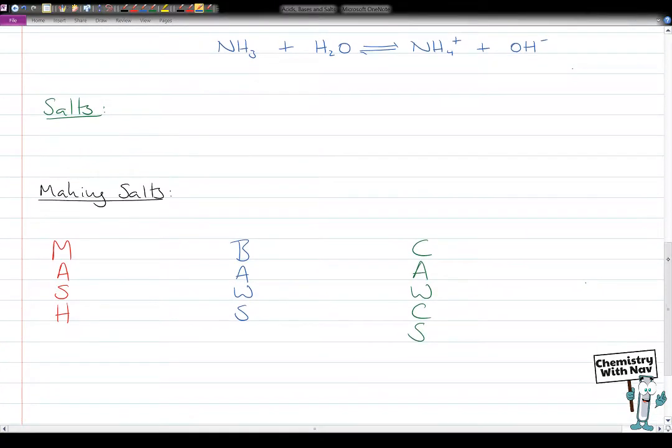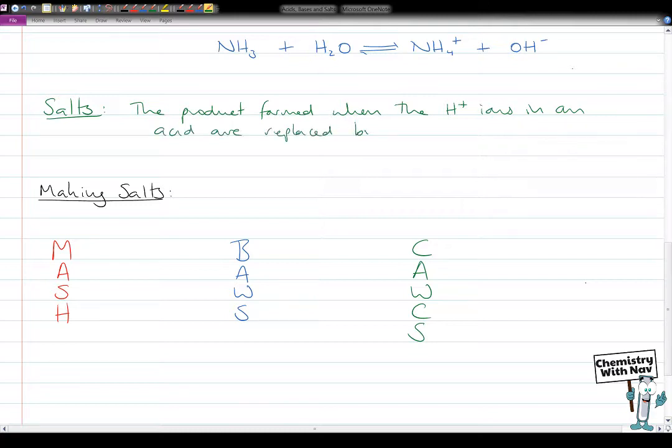Now, most of the stuff that we look at at AS about acids and bases refers back to salts and maybe making salts. But what actually is a salt? How would you define them? Well, a salt is the product formed when the H+ ions in an acid are replaced by metal ions or ammonium, so NH4+.